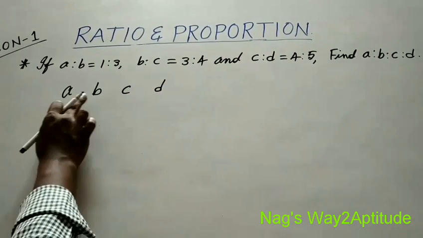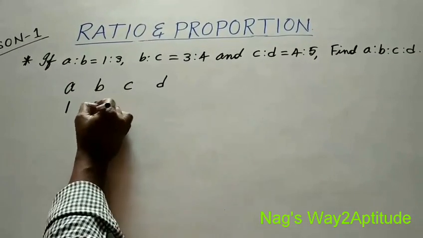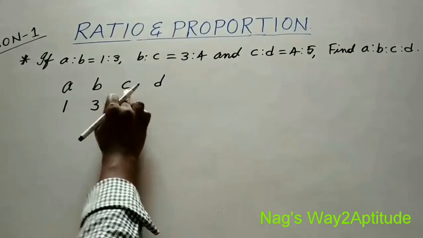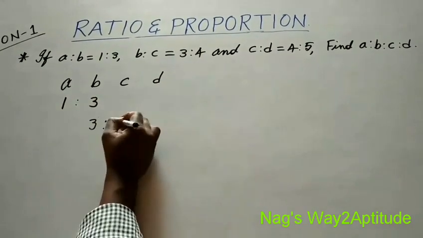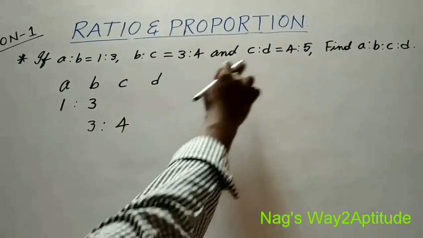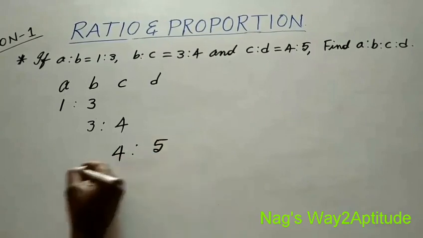Here what is the value of A is to B? It is 1 is to 3. So 1, 3. And what is the value of B is to C? 3 is to 4. So 3 is to 4. And the value of C is to D is 4 is to 5. So 4 is to 5.